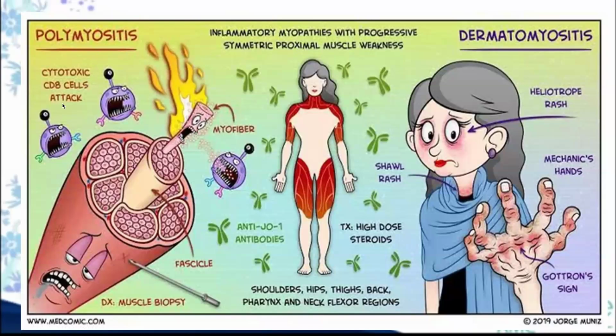In polymyositis, the CD8 cells attack the muscle fibers, and the diagnosis here is mainly muscle biopsy, right? And in dermatomyositis, like we saw, the shawl sign, the heliotrope rash, the Gottron sign, right? They call it mechanic's hand when there are contractures and the fingers are bent in the way shown in these pictures, right?